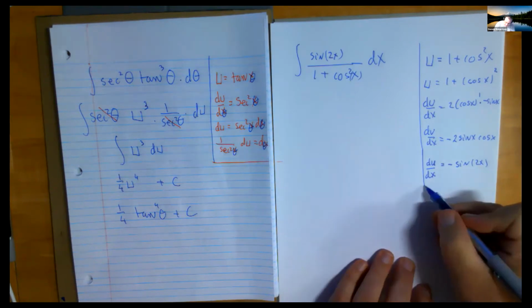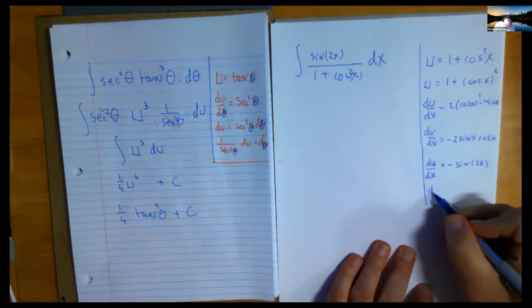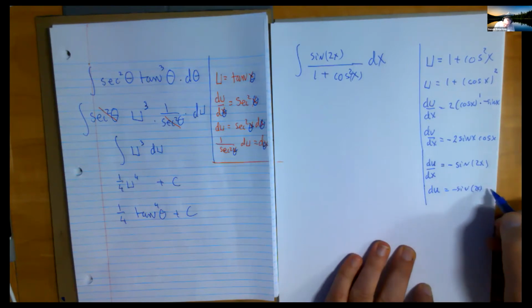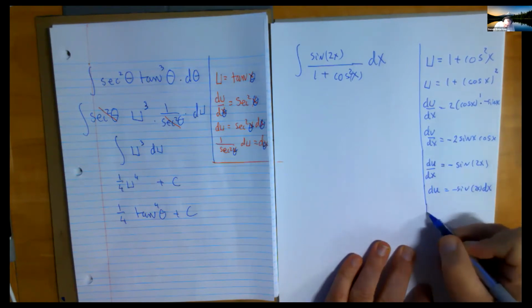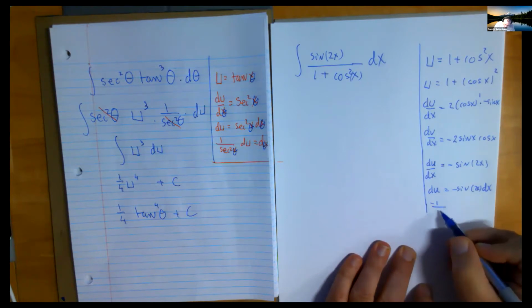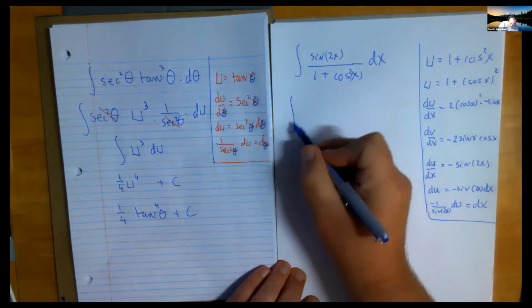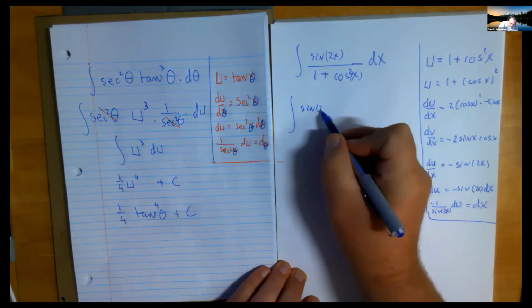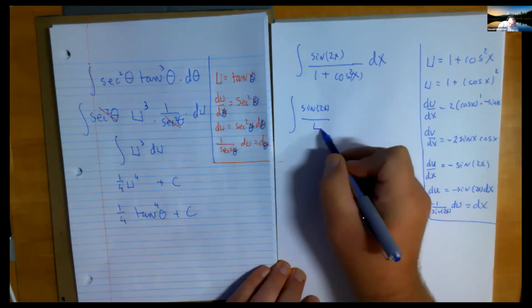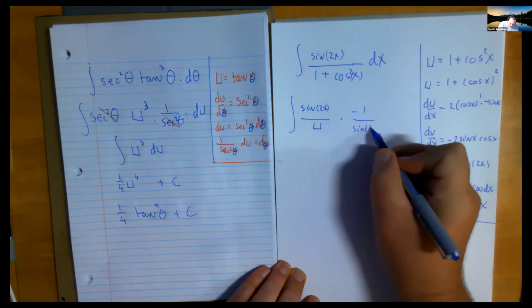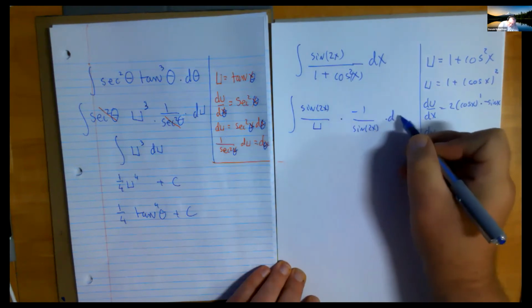Right, let's do the usual now. Do the crossover, and then you isolate the dx. So I have the sine of 2x over u times -1 over the sine of 2x du.